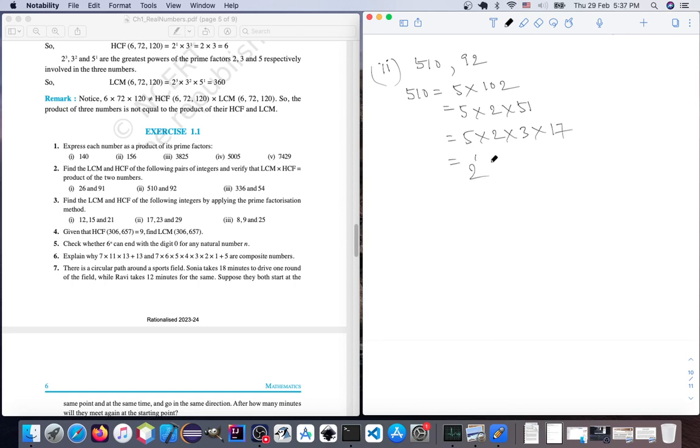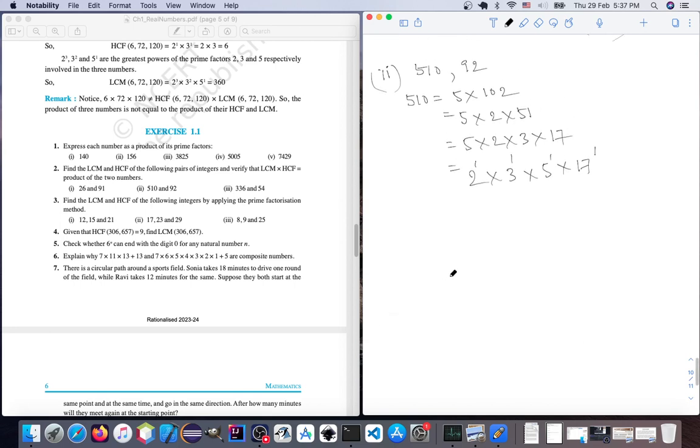So this becomes 2 to the power 1, 3 to the power 1, 5 to the power 1, and 17 to the power 1. Okay, now let's prime factorize 92. Yes, 4 into 23. 23 is a prime factor, so 2 into 2 into 23. This is 2 square into 23.